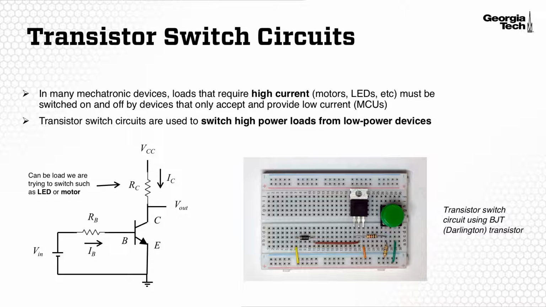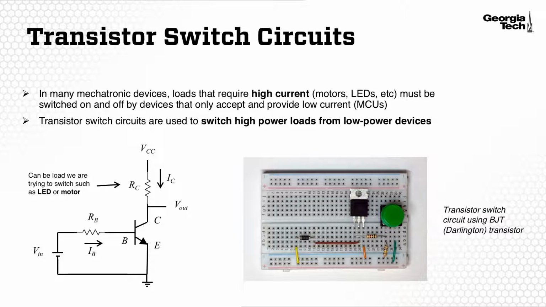And that's where transistor switch circuits come in. Transistor switch circuits are used to switch the current path on and off through these high current loads. Here's a typical transistor switch circuit that's shown at the bottom left of your screen. And you can see that we have several voltage inputs.